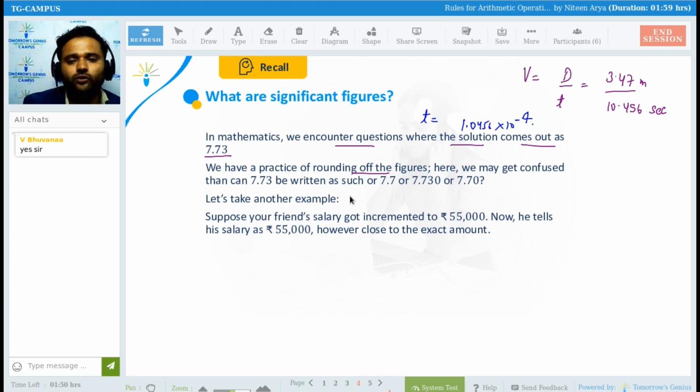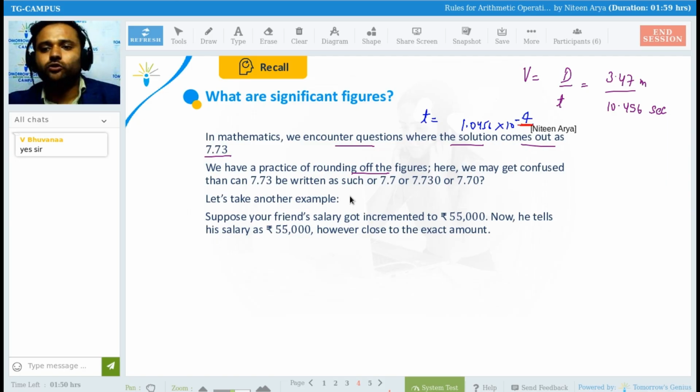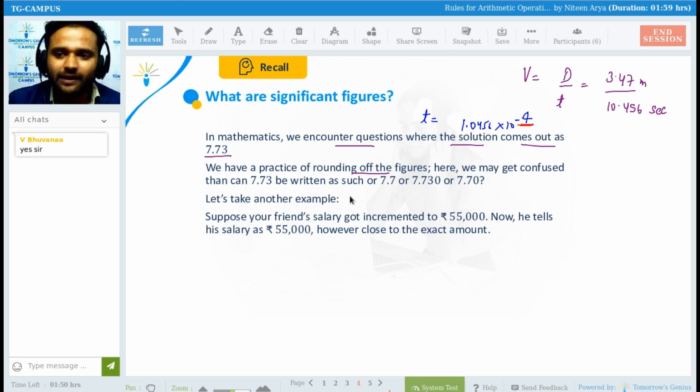So here the time duration has in total 5 significant figures. This represents up to which order you are going after the decimal. So the total numbers in any particular numerical value of any physical quantity, up to which number we count, that is known as significant figures.